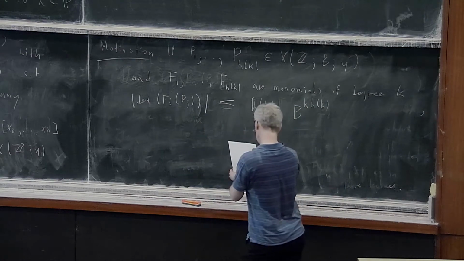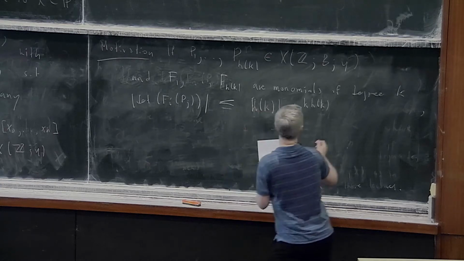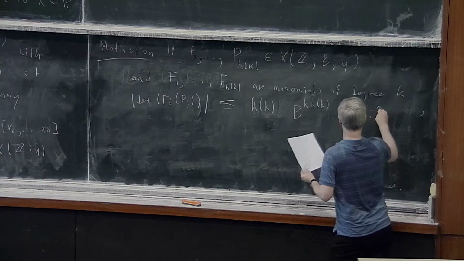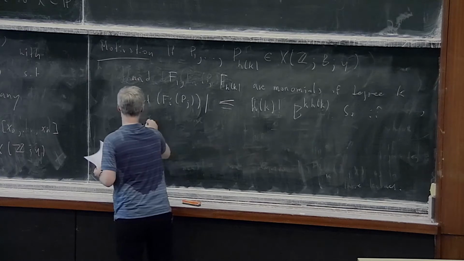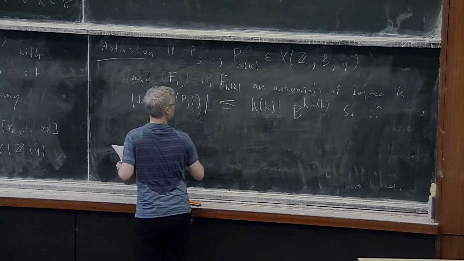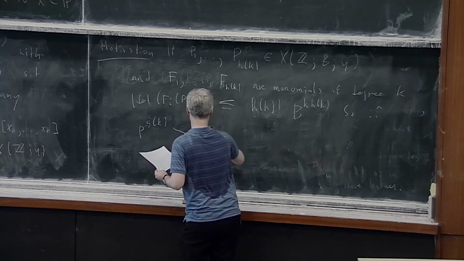So if now you can produce a factor which is bigger, so if p^{j(k)} is bigger than this h(k)!